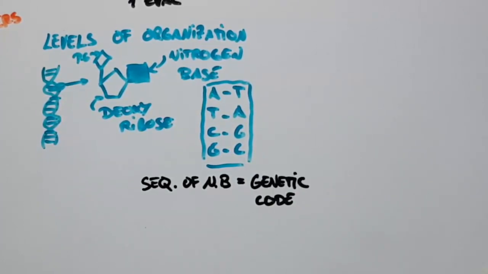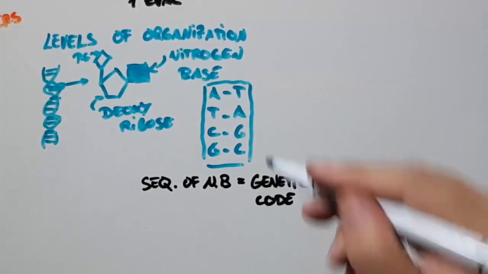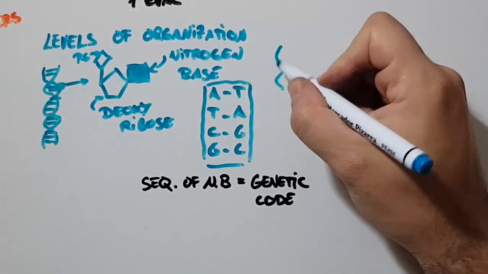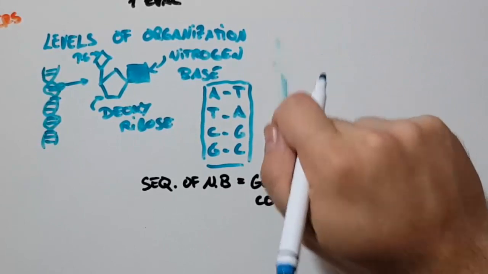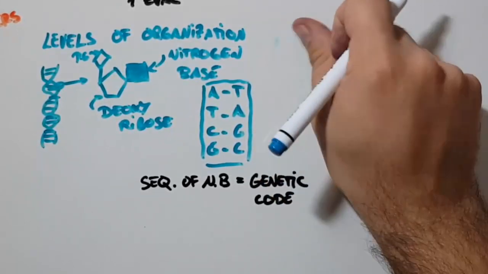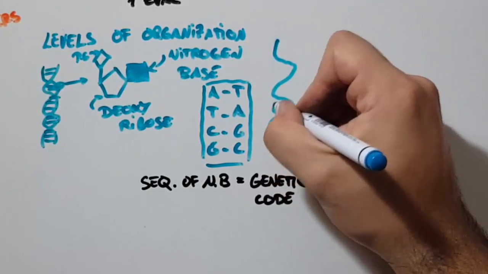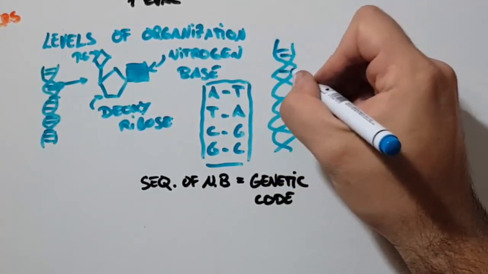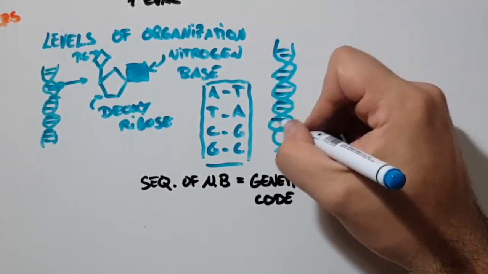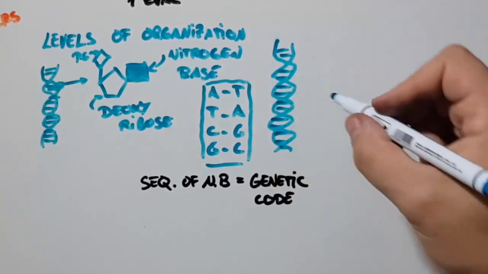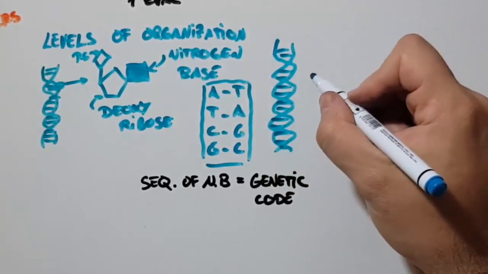Now, if you remember, the DNA double helix is very weak. Sorry for this clumsy DNA double helix. So the DNA double helix is something that is very weak, so we have to protect it. How do we protect it?